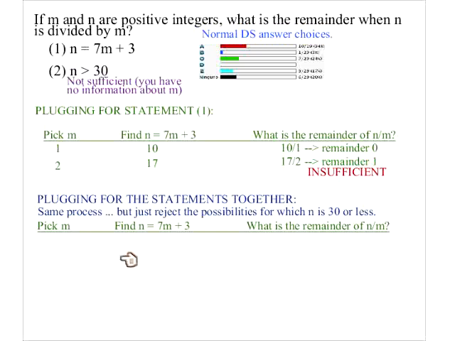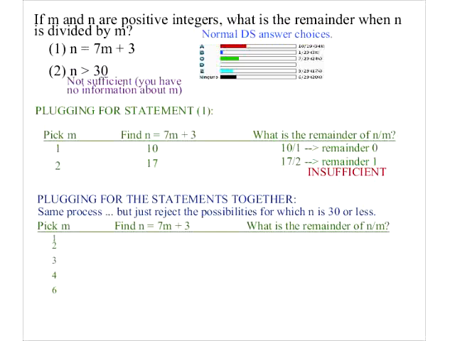So, okay. Let's take a look at this process here, then I'll handle the rest of these questions. So pick m. Let's go through these possibilities here. Remember, we have to reject the ones that don't work.